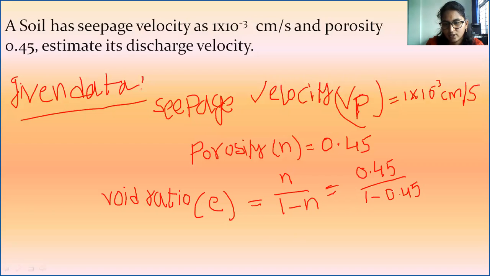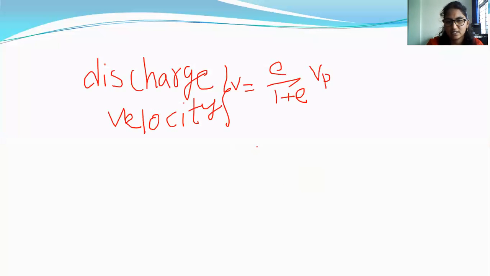What is the value of void ratio? e is equal to 0.82. Do we have any units for void ratio? No units.